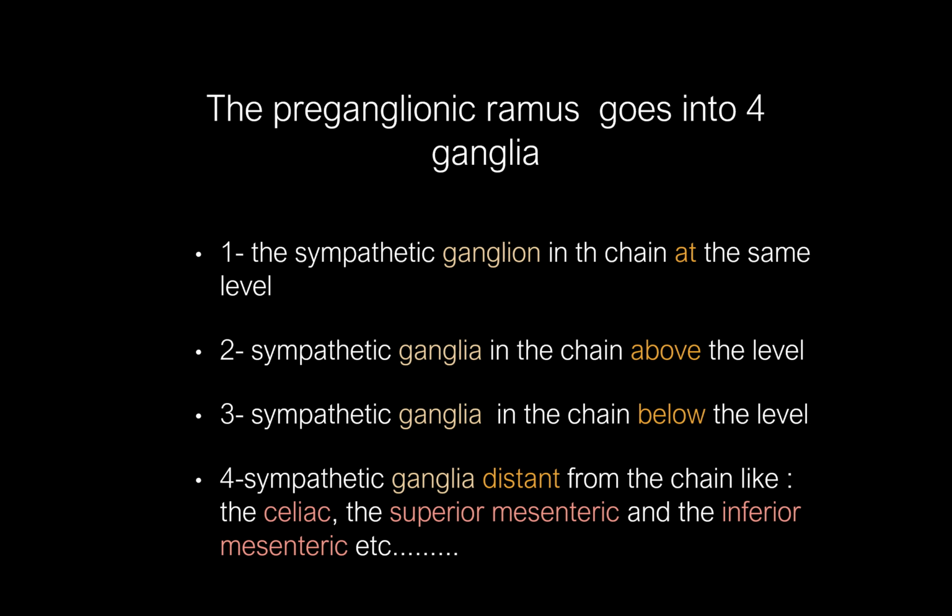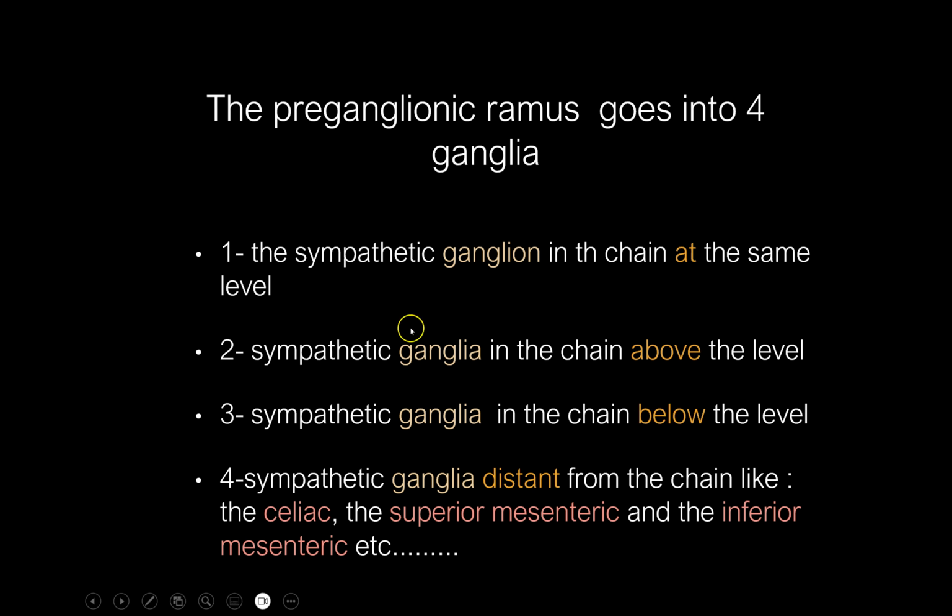So the preganglionic fibers anastomose at the same level of the exit from the foramen, but also go up anastomosing with ganglia above, go down anastomosing with ganglia below, and go distally anastomosing with distant sympathetic ganglia. So from this we see that it is not that simple. Each preganglionic fiber can anastomose with ganglia in the sympathetic chain at the same level, above the same level, or below the same level of exit.